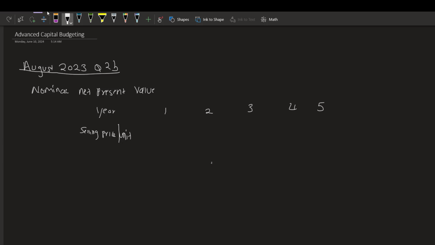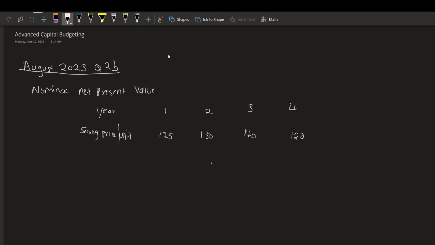Year 1 is 125. Year 2 is 130. Year 3 we have 140. Year 4 we have 120. We actually don't have year 5, so let me go ahead and erase this. We have those 4 years.